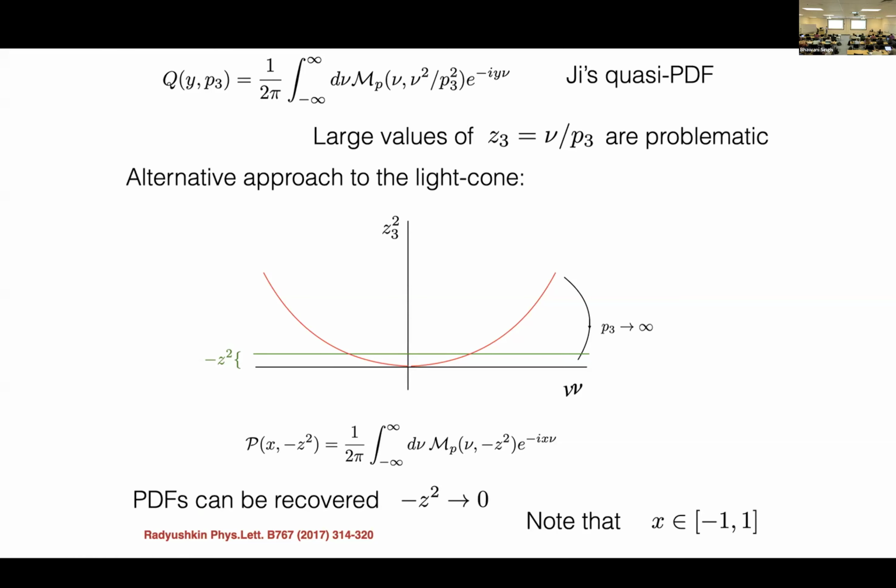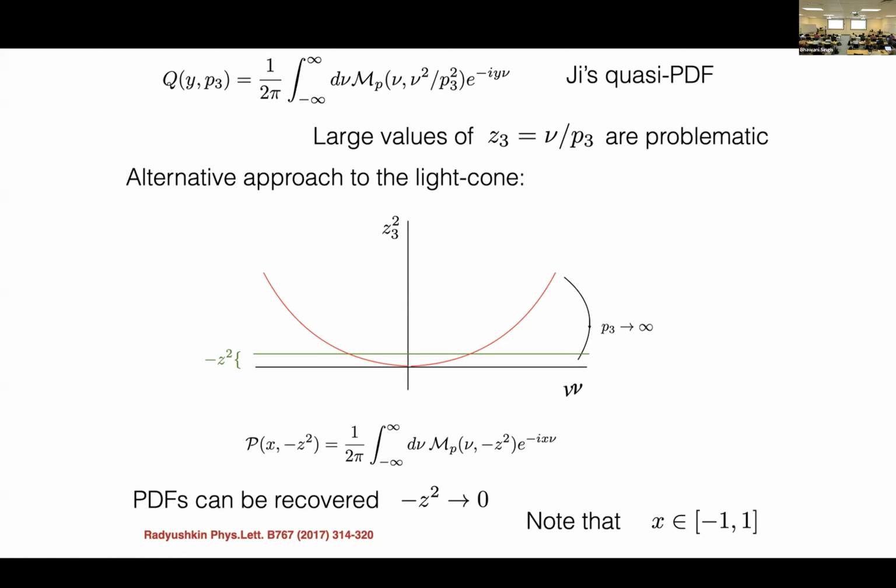In the Z language, you could compute an object by integrating along this red curve in this nu and Z square plane. And as you take the momentum going to infinity, which appears here, this argument has to go to 0 in order to go to the light cone. This integration curve will open up and touch the light cone, which appears at Z square equals 0. Z square equals 0 is the light cone.